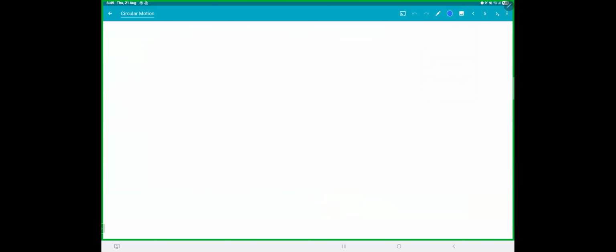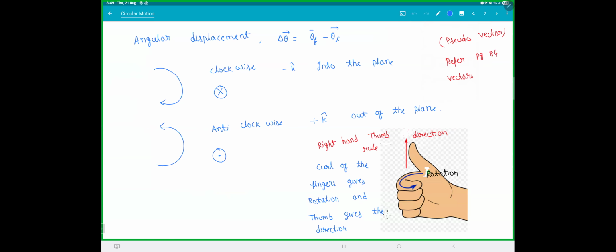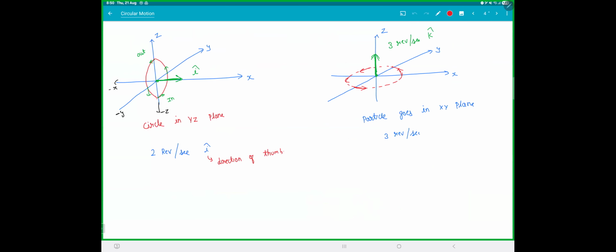So when you take angular displacement, delta theta finally is equal to this thing. So this is your angular displacement. You have to take thetas with vectors.